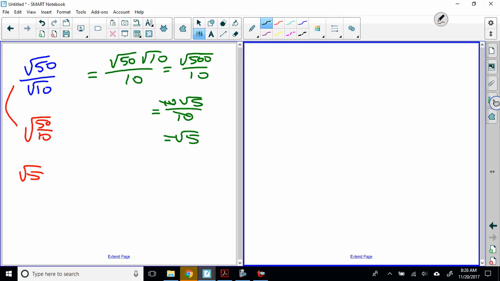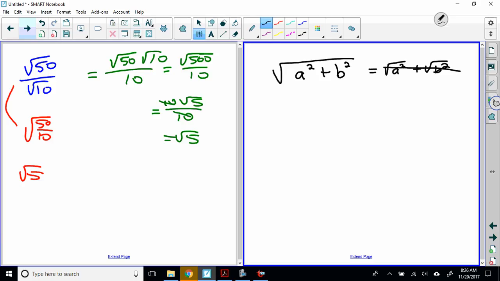One final thing is this: the square root of a squared plus b squared. A lot of students in pre-calculus and in calculus and in advanced math classes, they like to make up their own properties. They like to say that this is the square root of a squared plus the square root of b squared. Well, I got news for you.